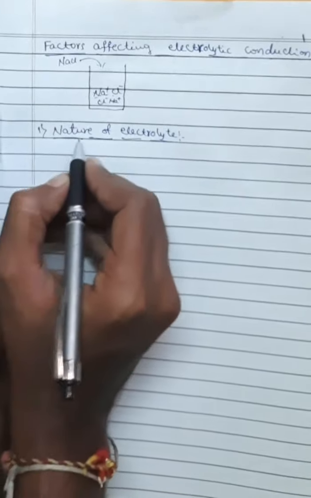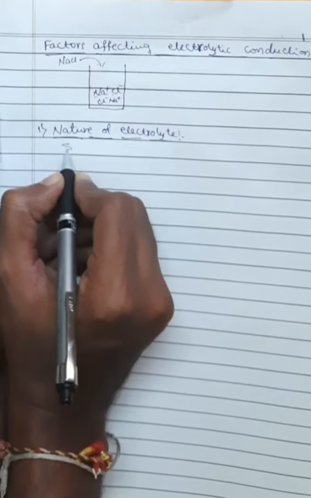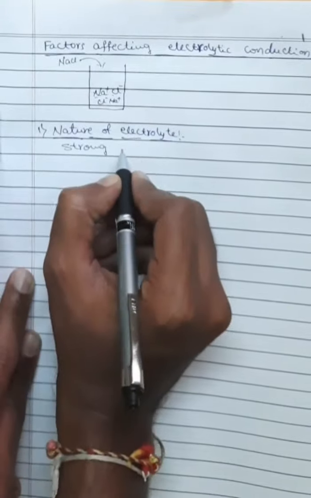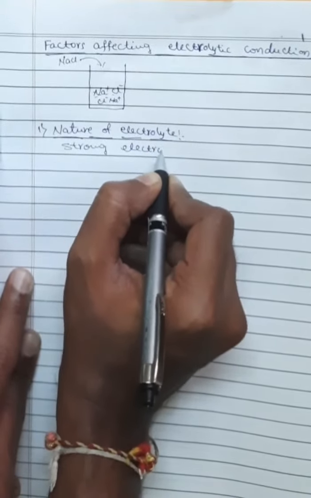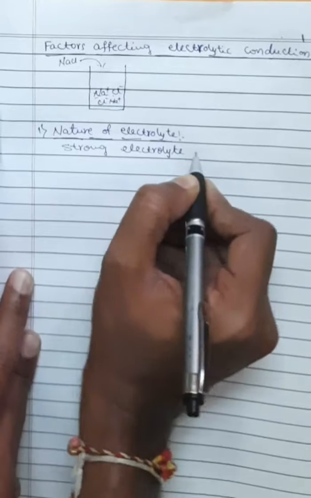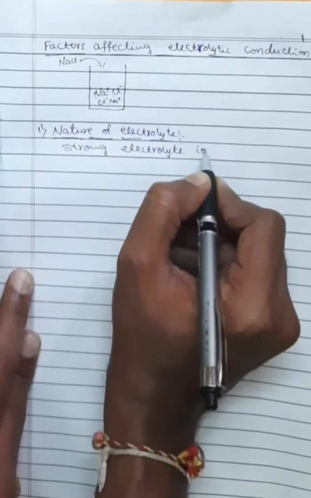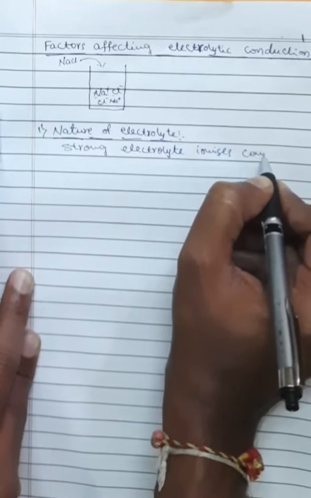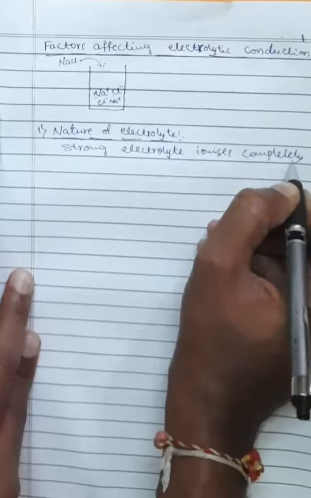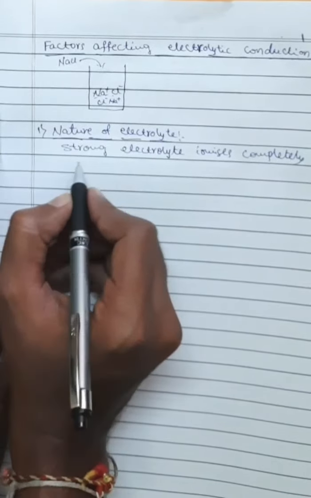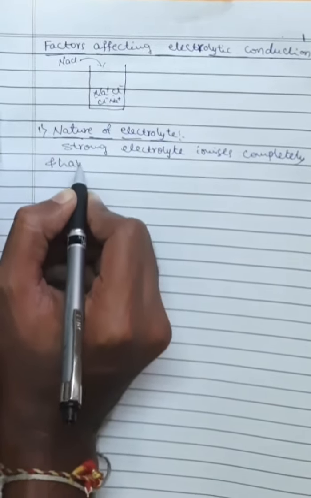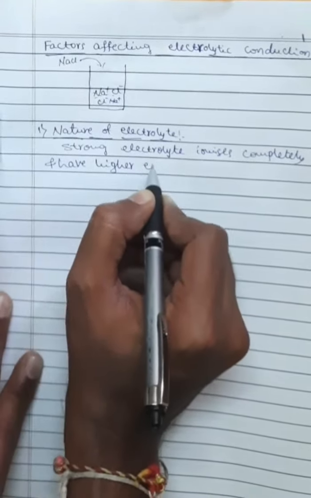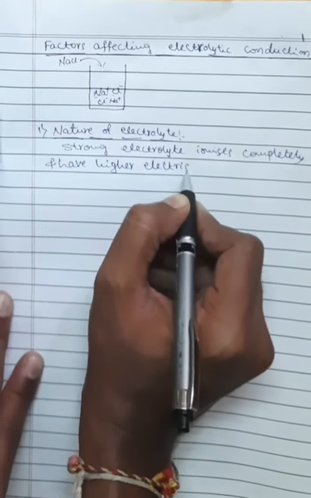For example, a strong electrolyte will ionize completely, and therefore has a higher electrical conductivity.